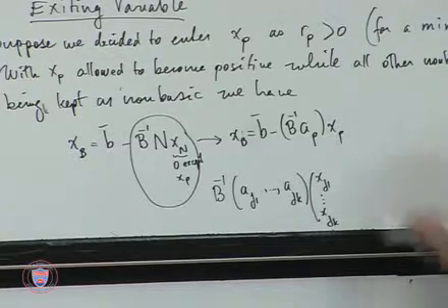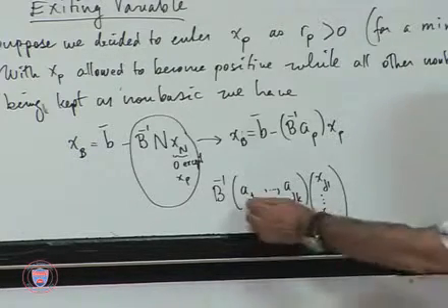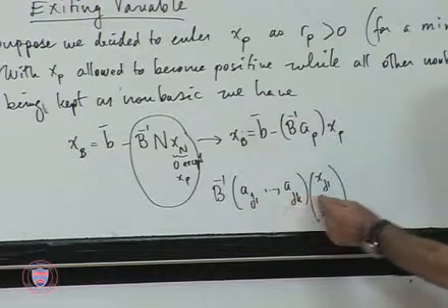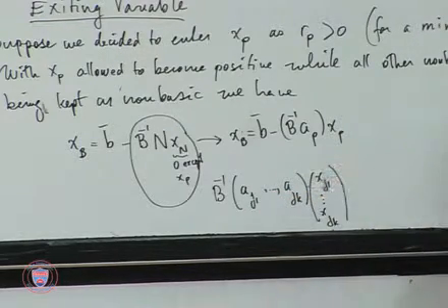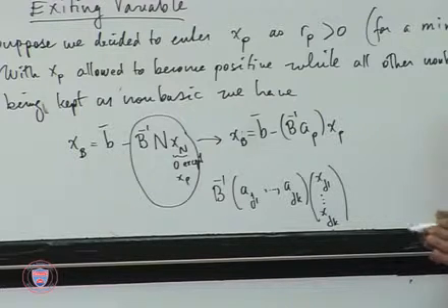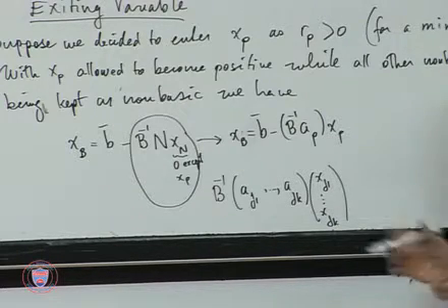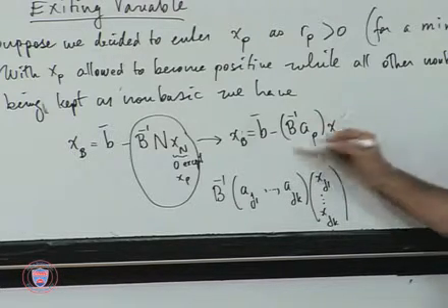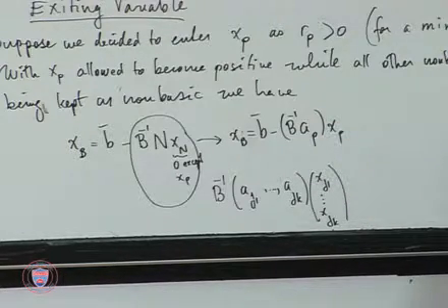So it's B inverse aj1 times xj1 plus aj2 times xj2, and so on. It's just a summation, and in that summation all the terms drop out except the one corresponding to p. So that's why I've got that.